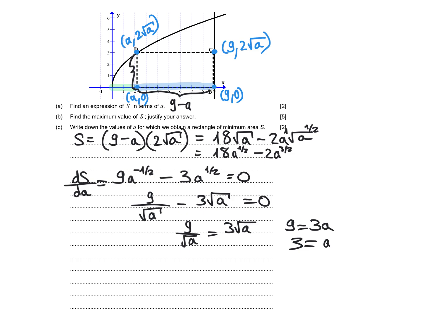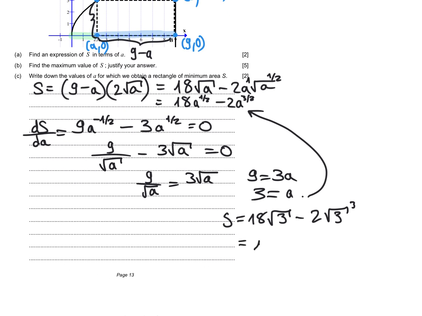And we need the maximum value of S. So that goes back into here. So we're going to have 18 square root 3 minus 2 square root of 3 cubed.